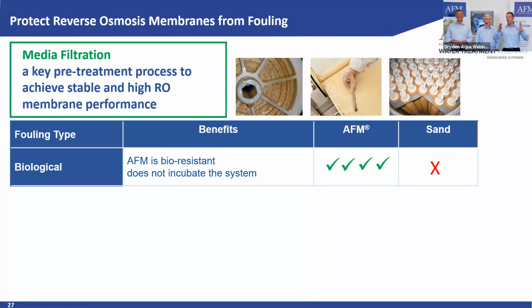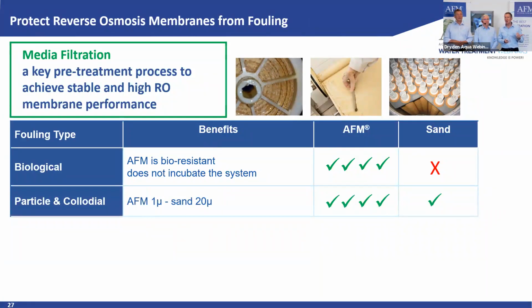So let's summarize AFM compared to sand when it comes to fouling, and then we move to UF. We are talking about the different fouling types. Biological fouling: AFM, as you know now, is completely resistant to biological growth, so we have no biological fouling in the media, which you don't have with sand, obviously. Remember what I said, we use fluidized sand baths in aquaculture; sand filters are also biofilters, so they generate biomass, and that's not so good.